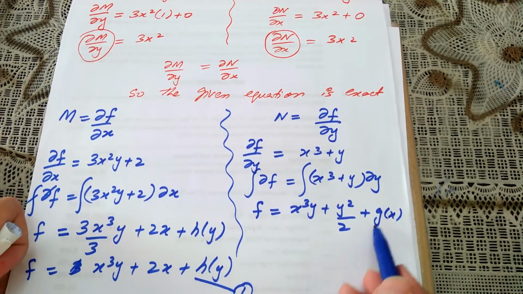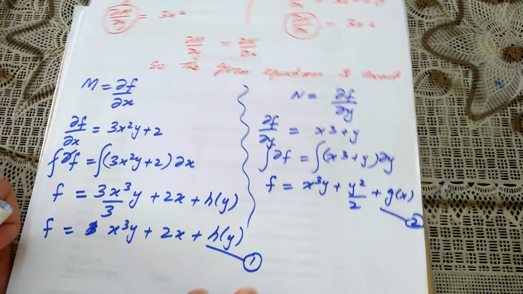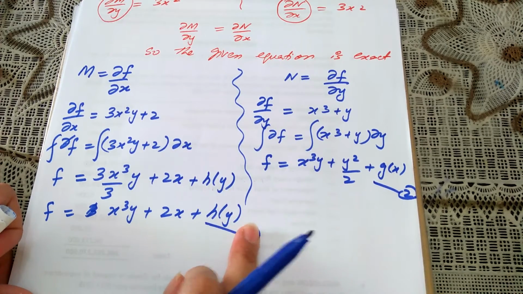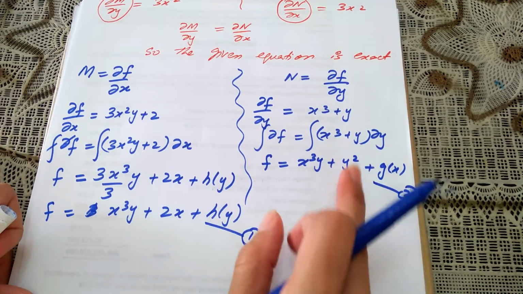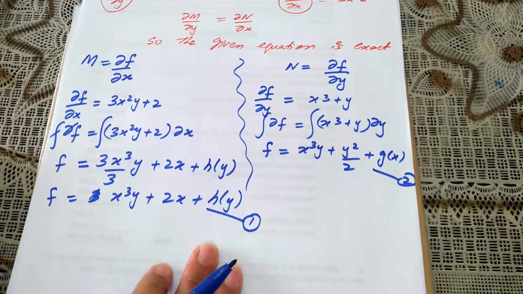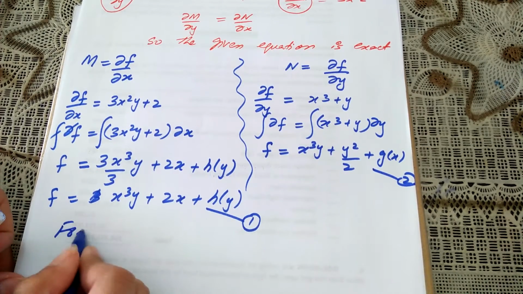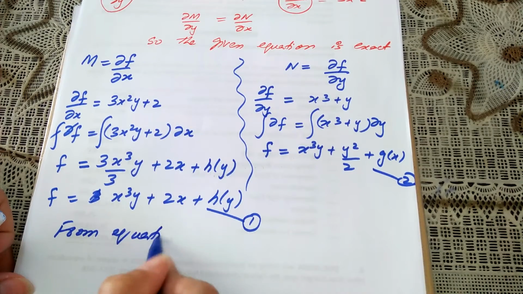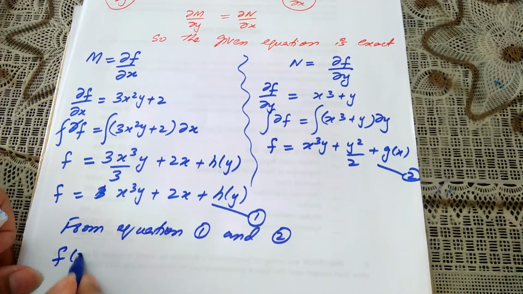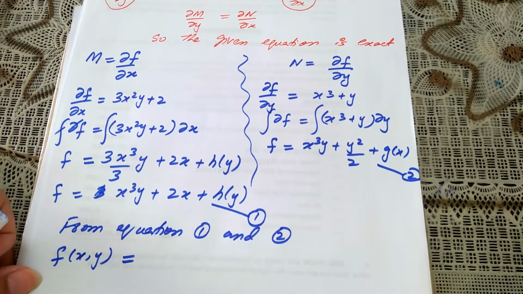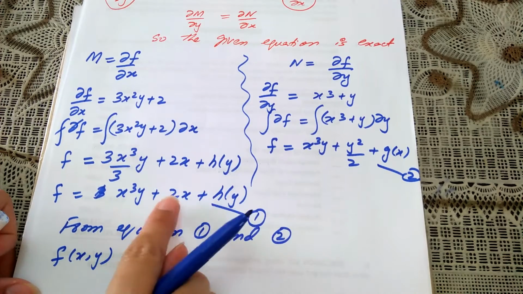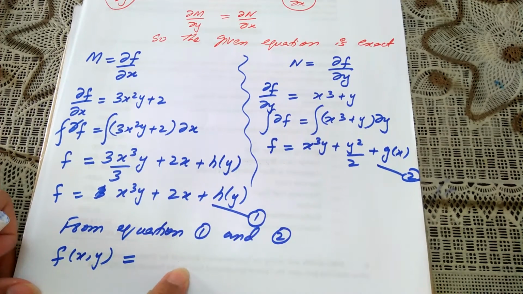So you will get these two equations. The first is f equals x cube y plus 2x plus h of y, and the second equation is f equals x cube y plus y square by 2 plus g of x. Now you will do what? From equations 1 and 2, you will write the solution. That is, f of x y equals, you will write all the functions one by one here.